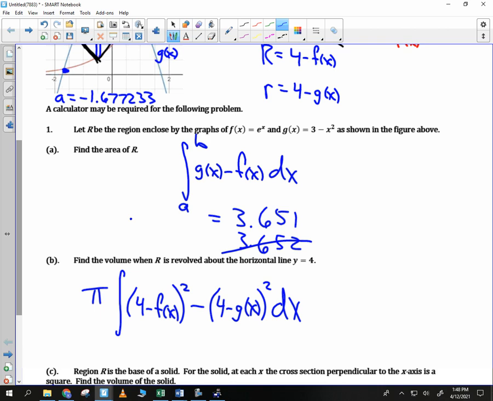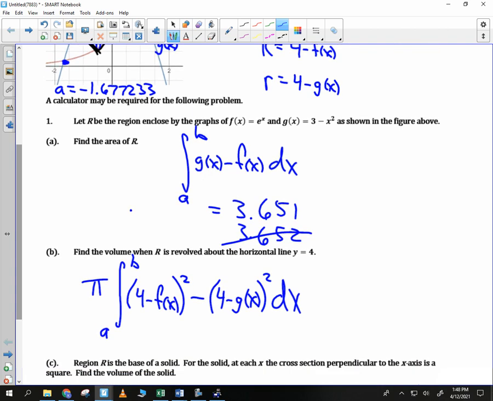See my nice little trick of putting A and B? That way my bounds are from A to B. See if you can plug this in correctly into your calculator.